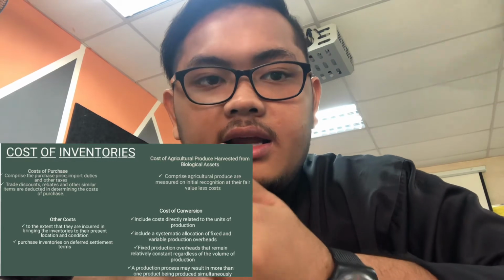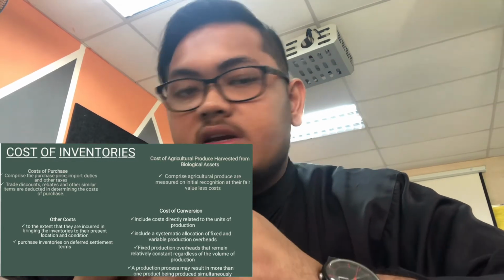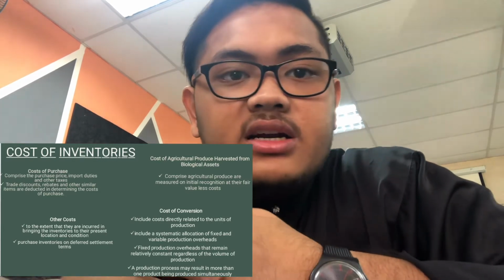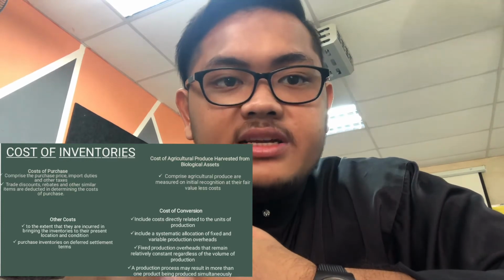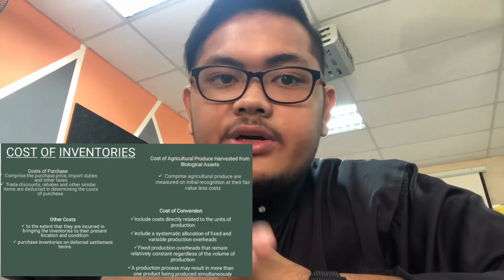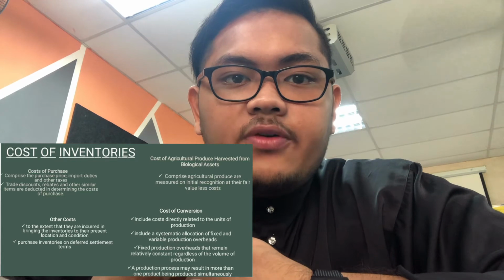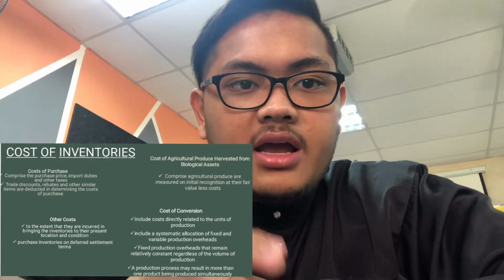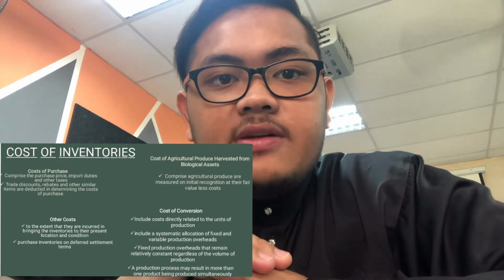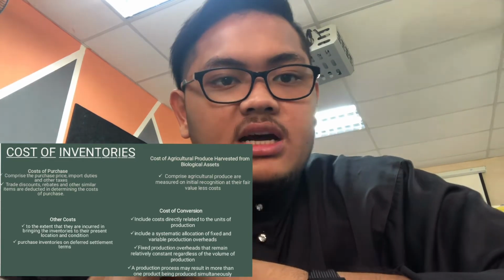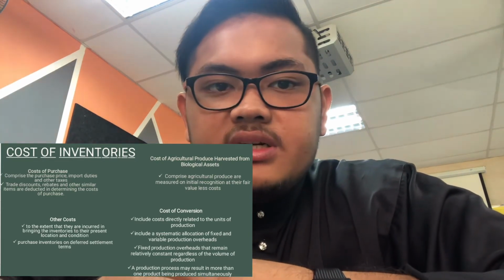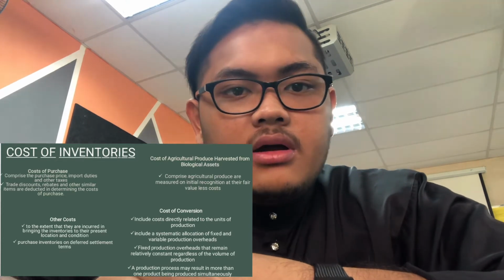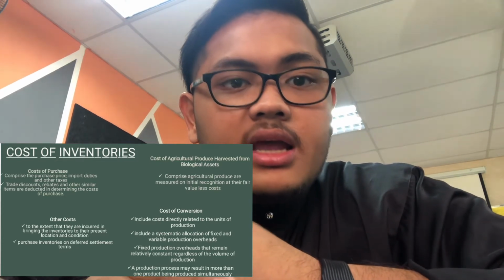And the last one for the cost of inventories is cost of agriculture produce harvested from biological assets. In accordance with MFRS 141, agriculture inventories comprising agricultural produce that an entity has harvested from its biological assets are measured on initial recognition at their fair value, less cost to sell at the point of harvest.